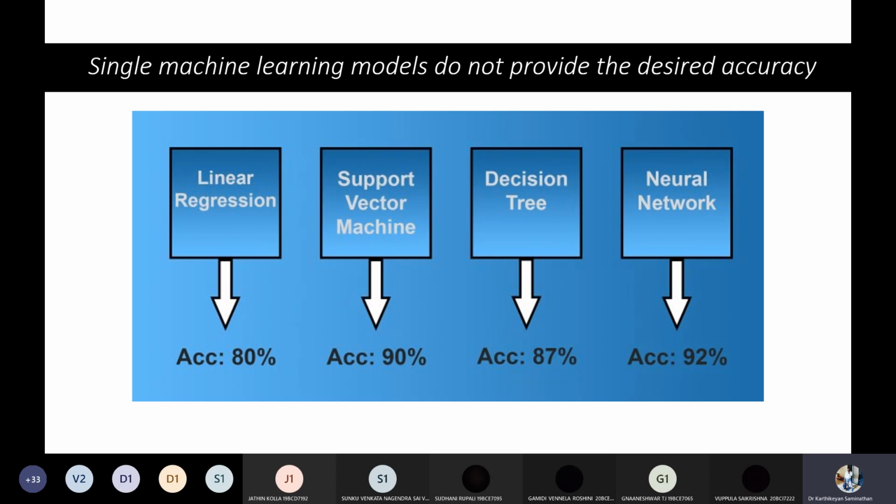Even if you work on various research papers, you might have used an ANN or other deep neural networks for image classification or something like that. You might use ANN, GNN, GAN or whatever it may be, but you may not achieve accuracy of 92 or 96 or 97, 98.